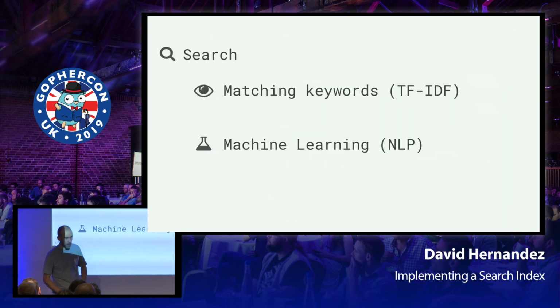Okay, so can we do it better? Can we apply some new techniques to make our search understand what we are saying? Yes. In the last years, machine learning has been developing, there has been a lot of investment in it, and we can use NLP, natural language processing, to make our search better.